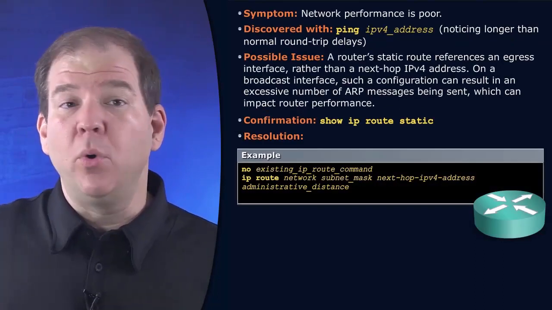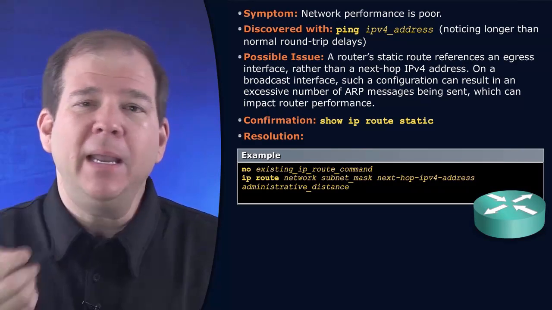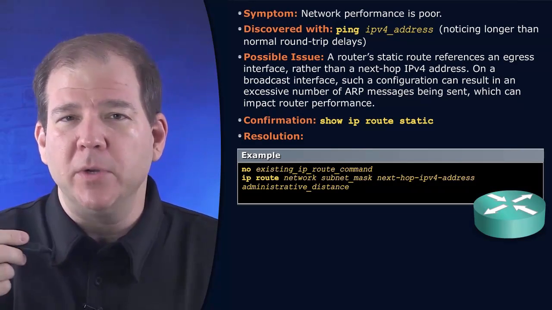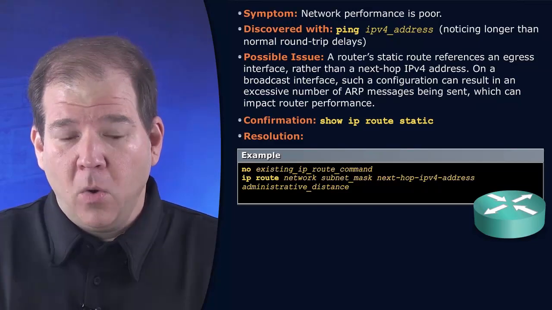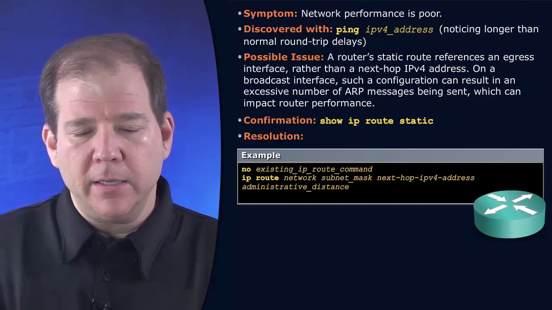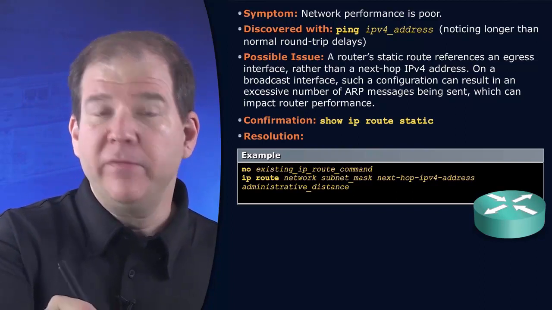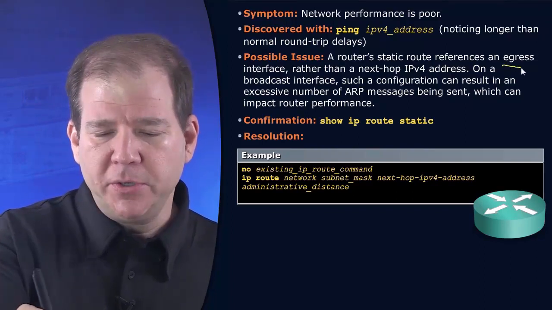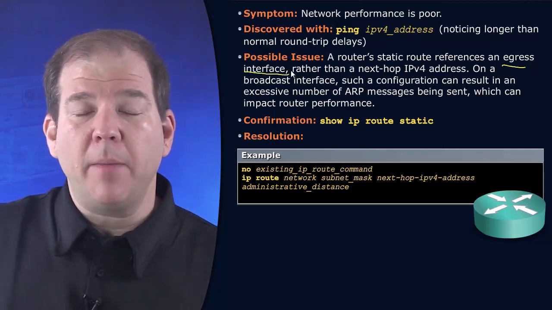Maybe we have a poor network performance. How do we know that? Well, we might give a ping command and we notice that the round trip time for that ping is unexpectedly long. One thing that could be going on is when we've configured that static route, we're pointing to an egress interface rather than a next hop IP address.